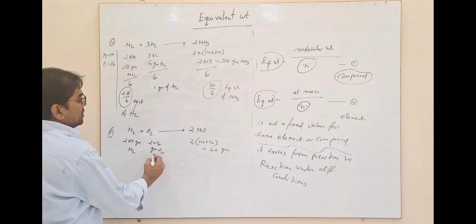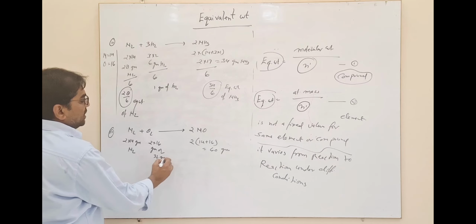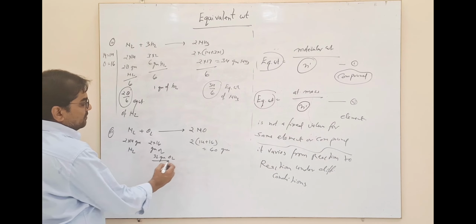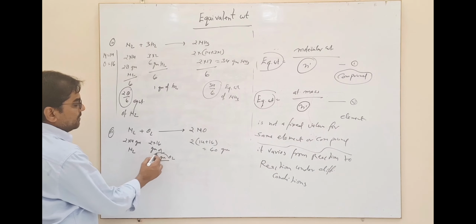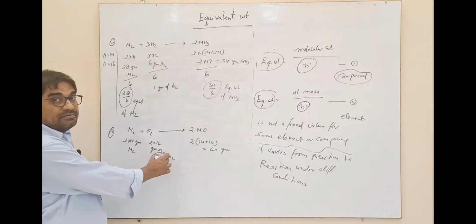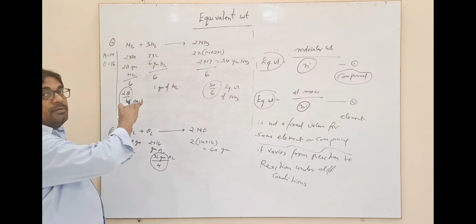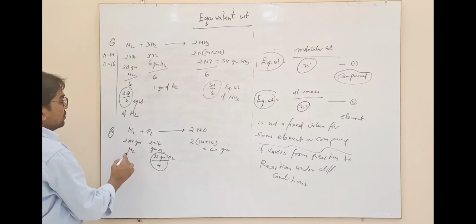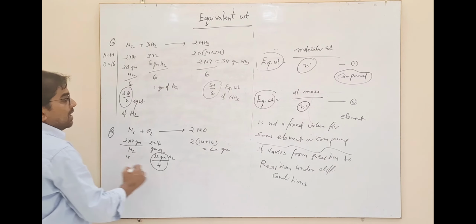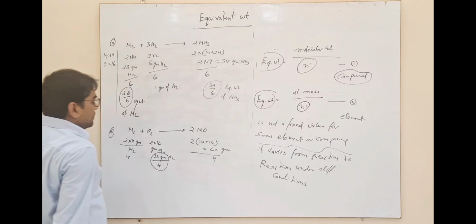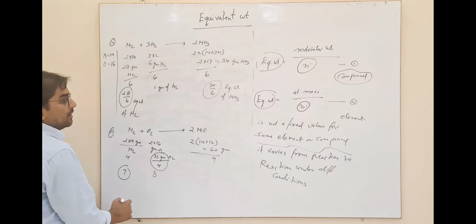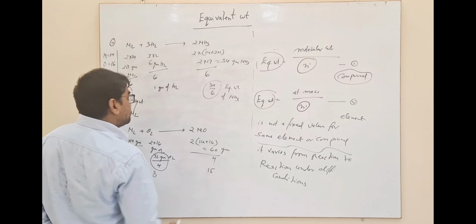As per the definition of equivalent weight, if this 32 gram of oxygen is divided by 4, it gives 8 gram of oxygen. So the other values will also be divided by 4. This 28 divided by 4 will be 7, here it will be 8, and the product will be 15.